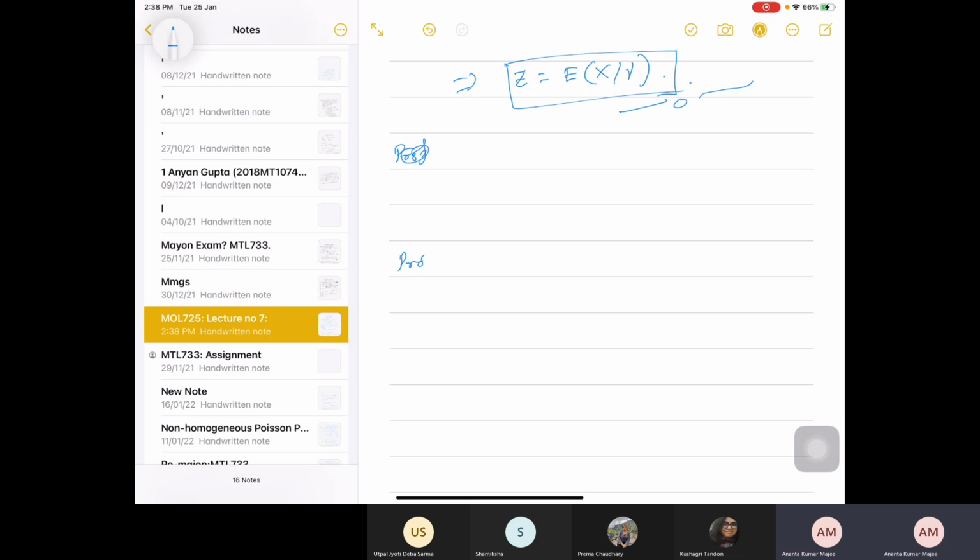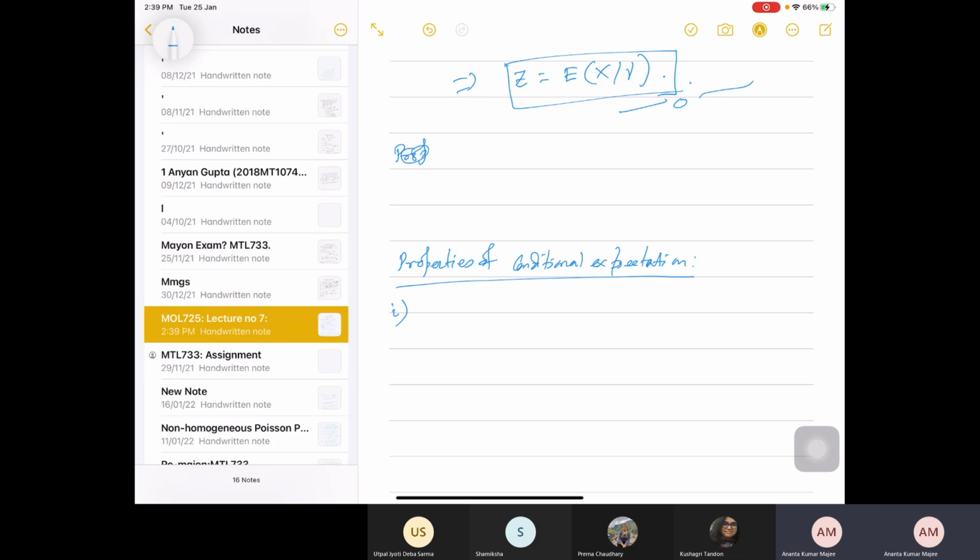So some properties of conditional expectation. The first property is that if my random variable X is nu measurable, then what happens?